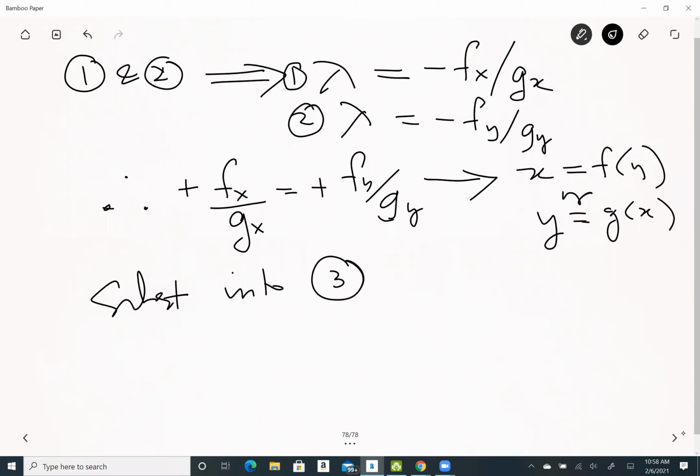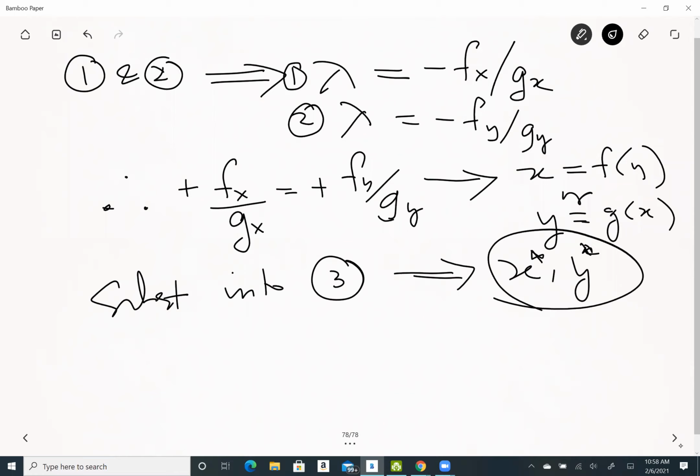Into number 3, you have g of x minus the constant equal to 0. So you can solve for x and y. So substitute into number 3, I will get x star, y star. That is the general method.